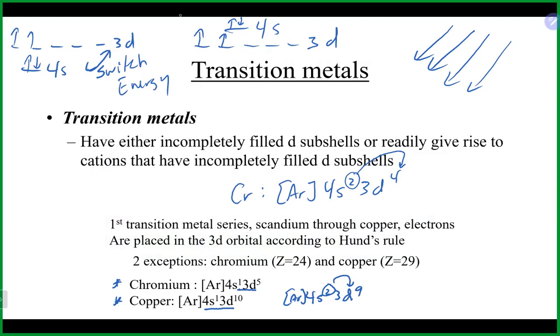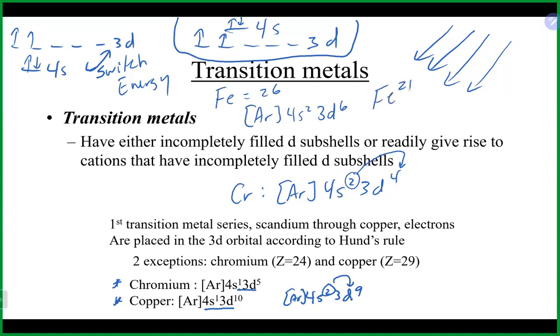Because you have this switch in energy that occurs once you start populating the d orbitals, when transition metals lose electrons, say something like iron, which is 26 there, I think. And that would be argon 4s2 3d6.